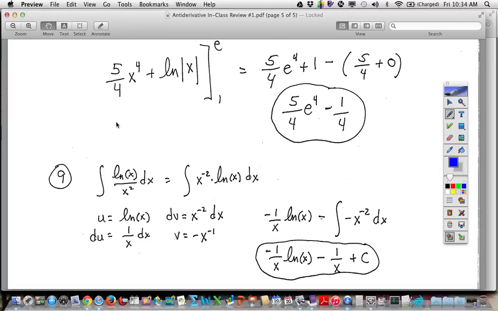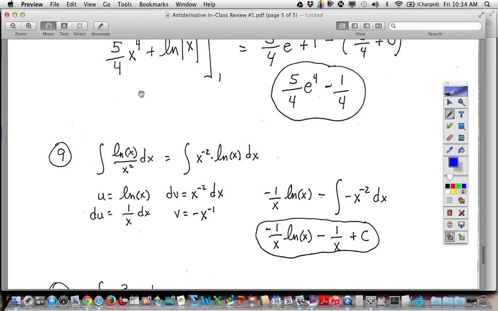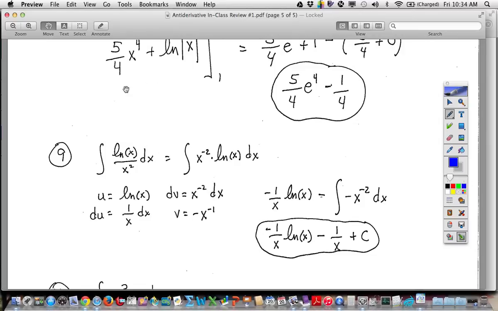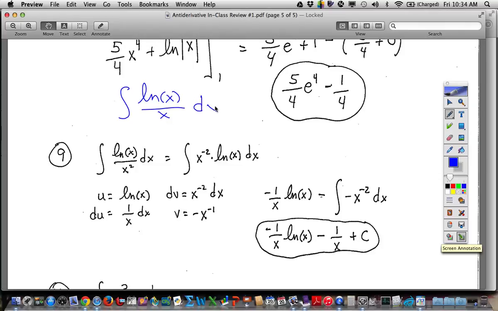But what if that would have been, here was my thinking, because I think we've had this one before. What if, let me just change that a tiny bit. What if that would have been that right there? Then it's u substitution. What's the u?